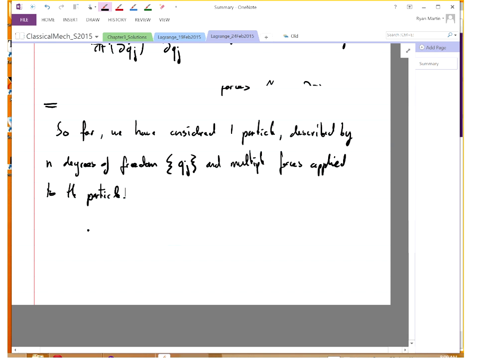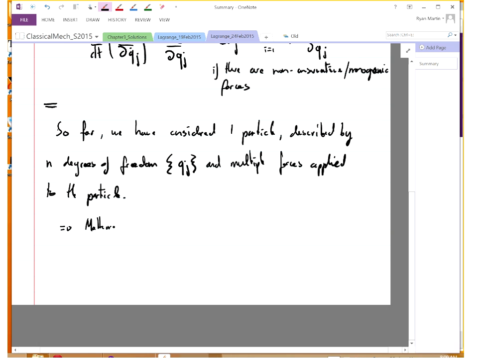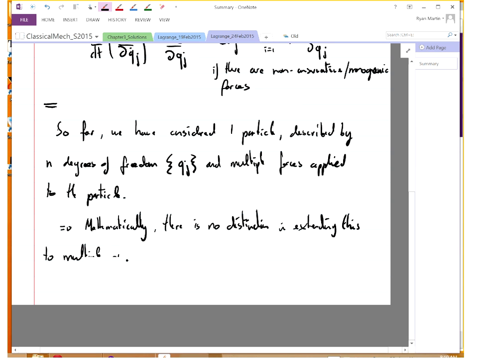So mathematically, there is no distinction in extending this to multiple particles with multiple forces.